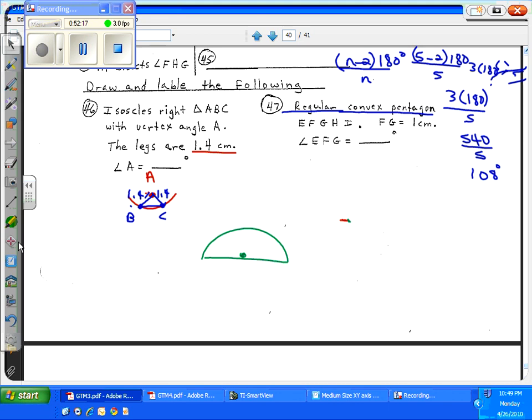And then you would figure out 108 degrees, and you'd make a mark. So you would start here and go 108 degrees and draw that way, and you'd lay your protractor down and go 108 that way, and then you would measure 1 centimeter up and 1 centimeter up. I'm not doing my 108 very well, but you understand.